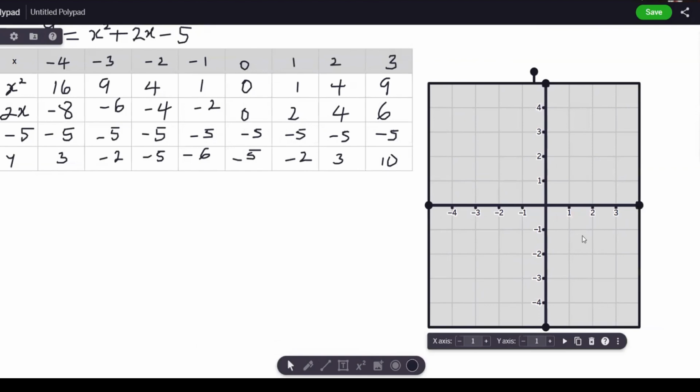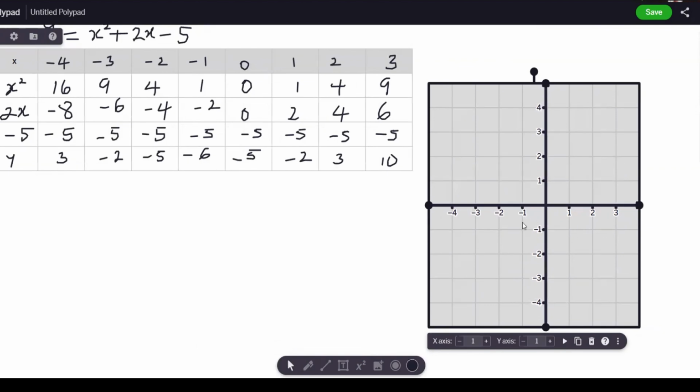And on the graph, if you notice something, on our x-axis the values are -4 down to +3. So look at this positive side. We have just 1, 2, and 3, right?